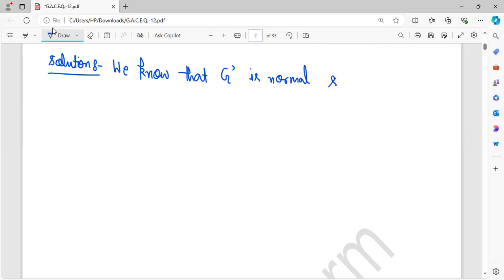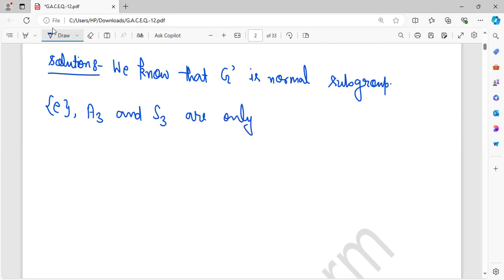We also know that E, A3 and S3 are the only normal subgroups of S3.